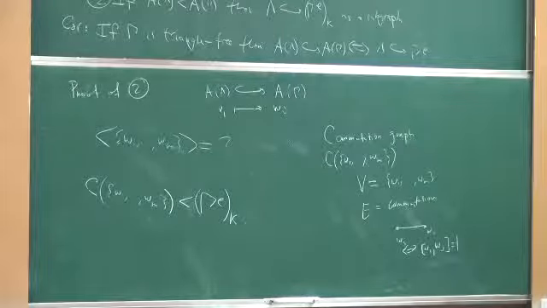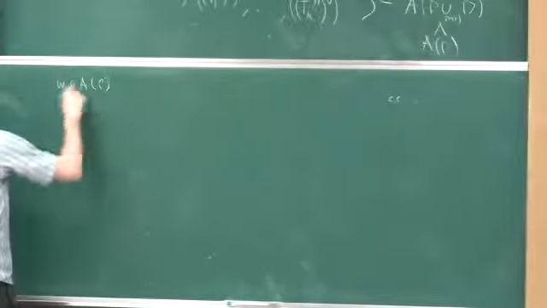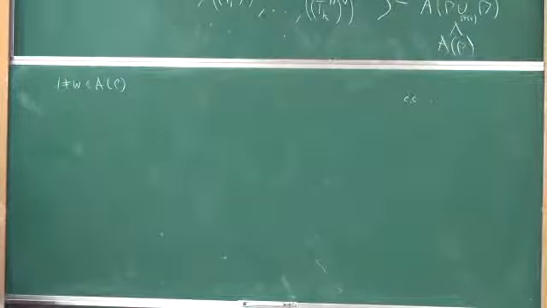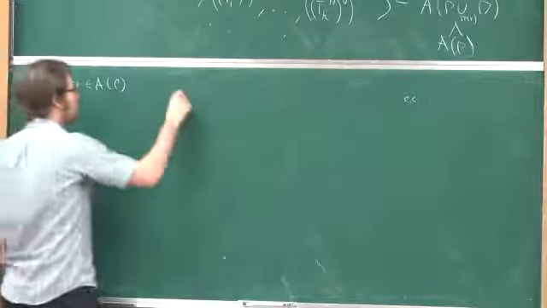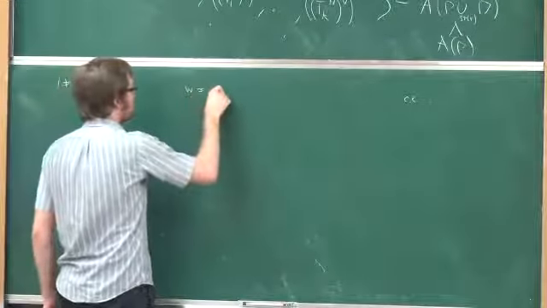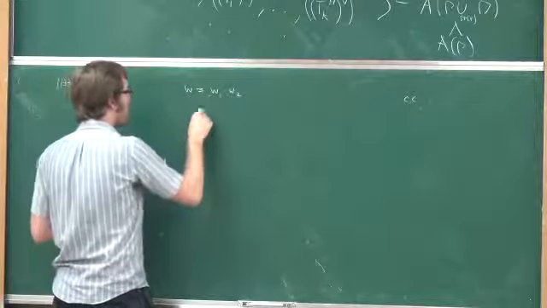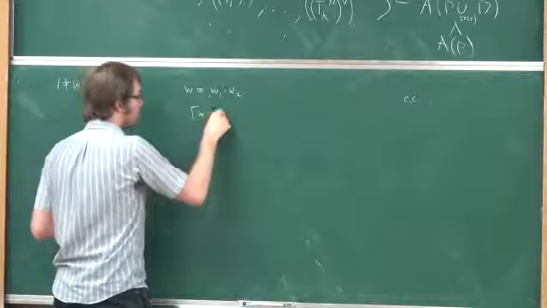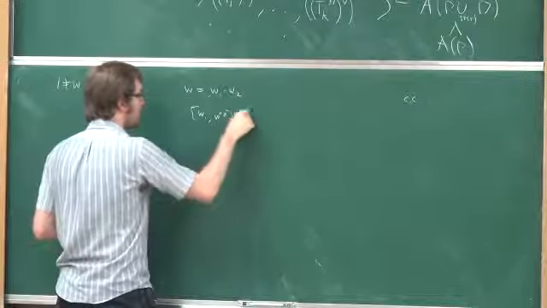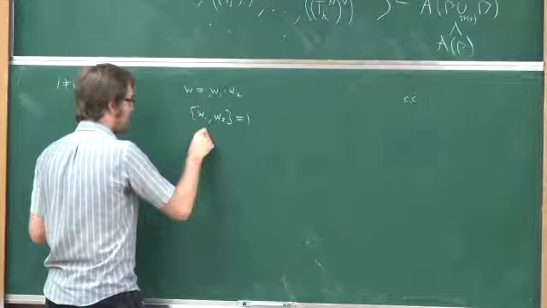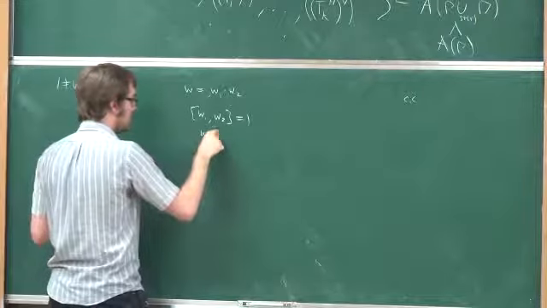So it's possible that if I give you some element W in A of gamma, which is not the identity, then you might be able to write W as a product W1 times W2, where these commute with each other, and where they're both not the identity.